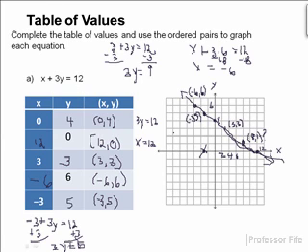Doesn't quite give you 12. So the actual point is up here. It's 9, 1. Should be right here. So it should actually be 9, 1. 9 plus 3 times 1 is 12.